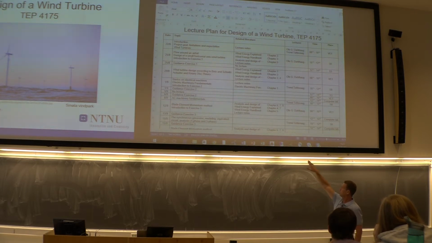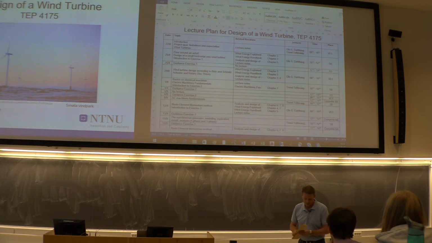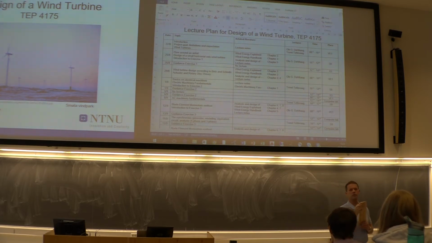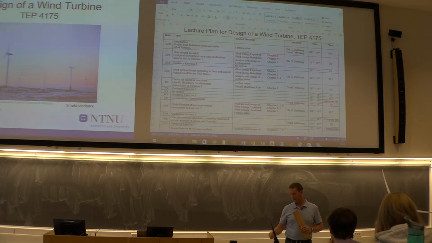So today I'm going to introduce you to the flow around an airfoil, and then try to connect that to the turbine, this one. And in the end, we are going to go through the design procedure of a simplified blade for the turbine.